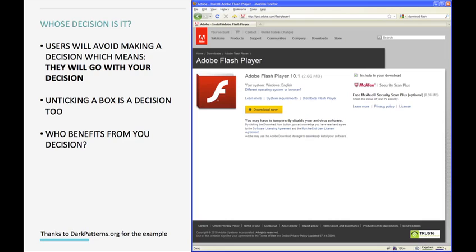This is what you can do. But decisions where there aren't lined up choices are even more difficult. And what tends to happen is that because we find it difficult to make a choice, we will avoid making a choice or a decision like the plague. And that means that the user is going with your choice, your decision.